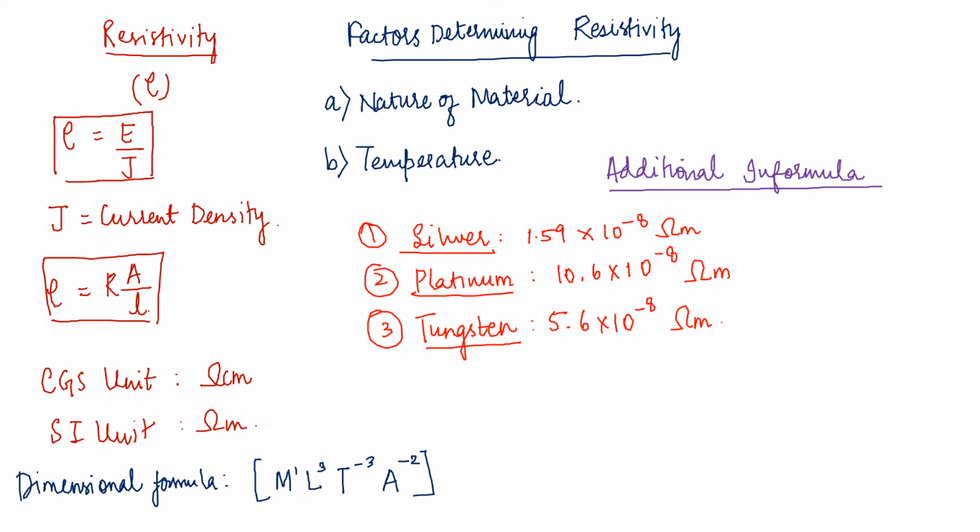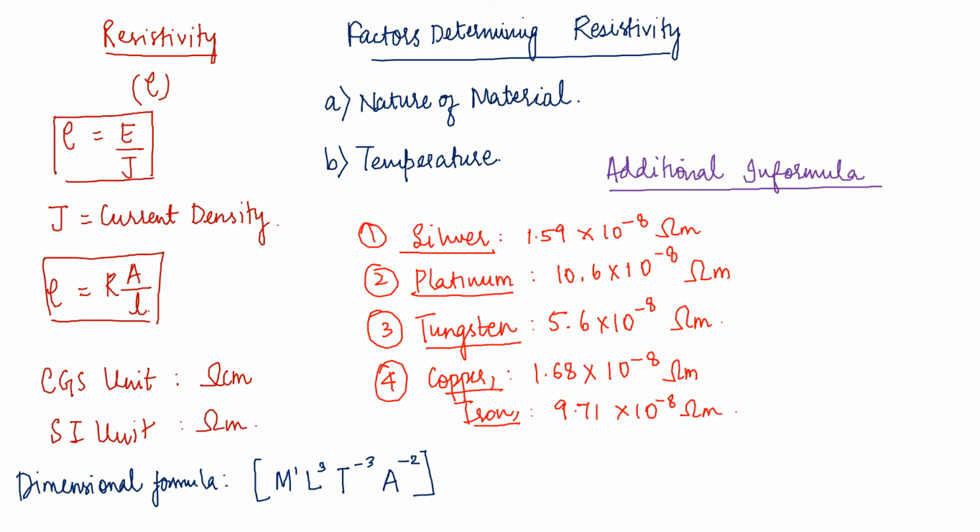Then we have copper and iron, which we usually use in our electrical connections because they have good conductivity. For copper it is 1.68 into 10 to the power minus 8 ohm meter, and for iron it is 9.71 into 10 to the power minus 8 ohm meter.